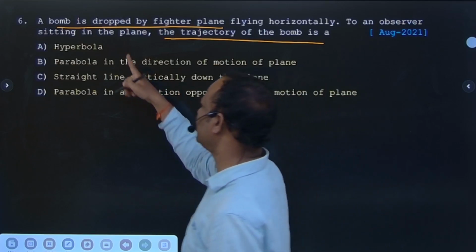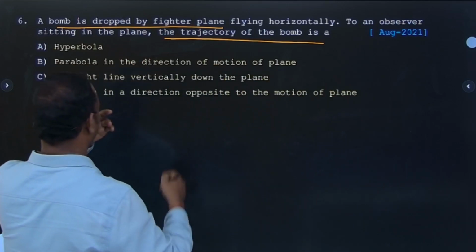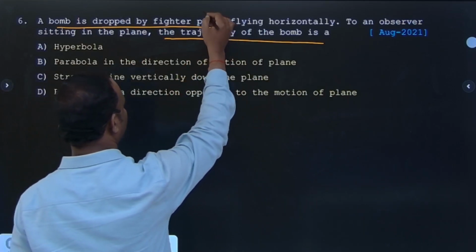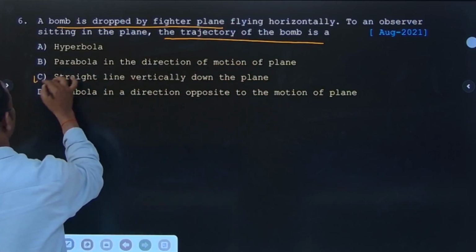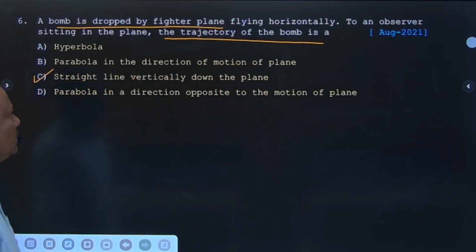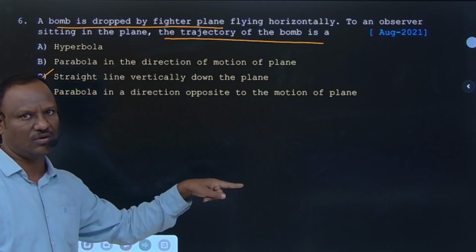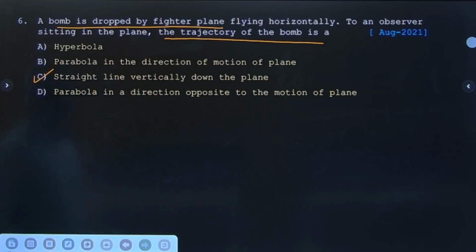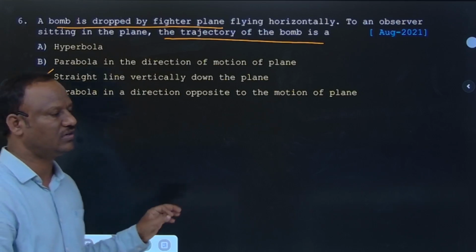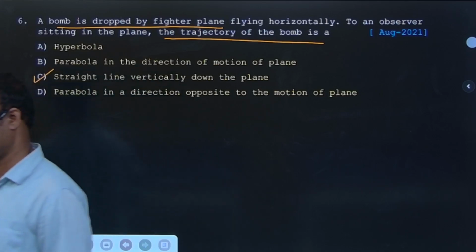So who is there in the helicopter? It's in a plane. So with respect to the person sitting in the plane, it appears like a straight line path. If the person is standing on the ground, it appears in a parabolic path. So what is the reason? Due to different frames of reference.